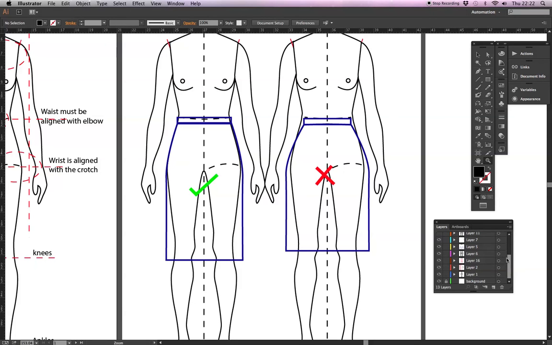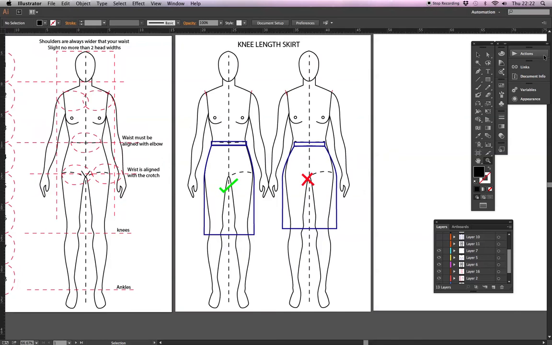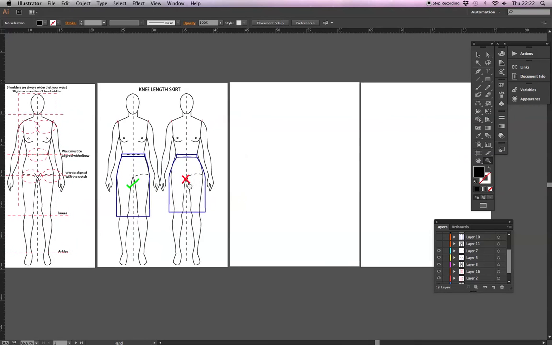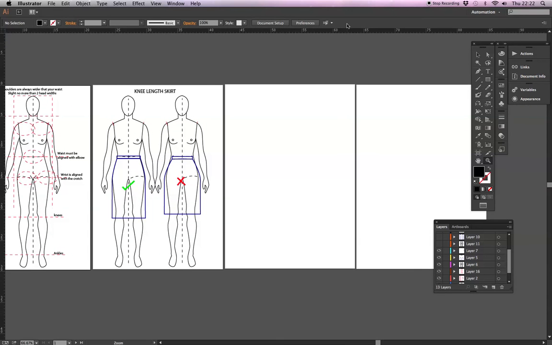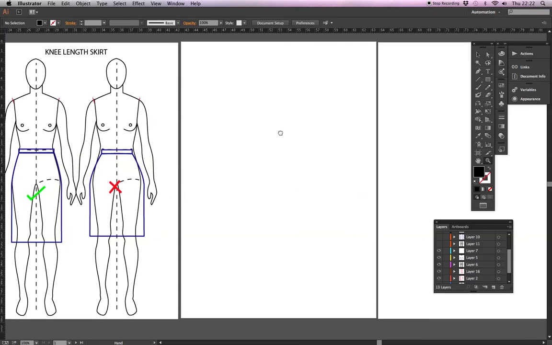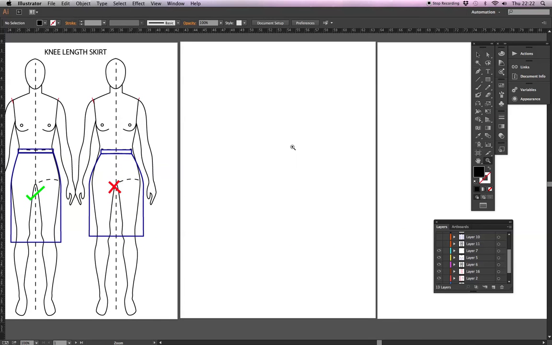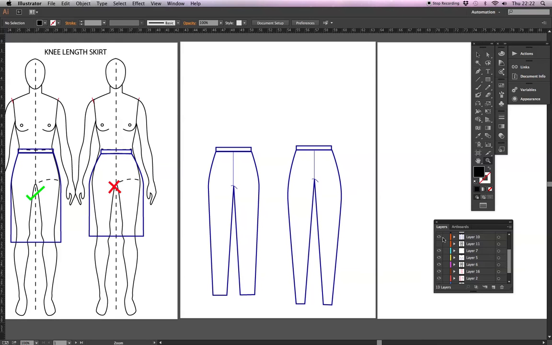So let's have a look at something else actually. Let's go a bit closer for you to have a look. So let's look at these trousers. They're just a slimline chino. Again, these might be quite obvious to some people, but I'm just going to pull them up so you can have a look.